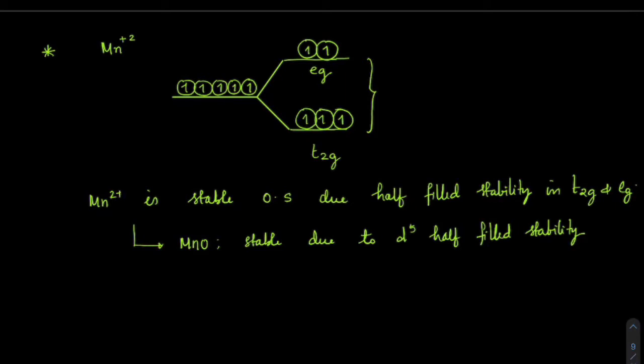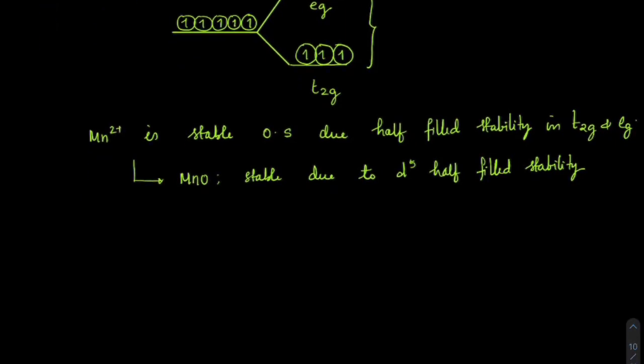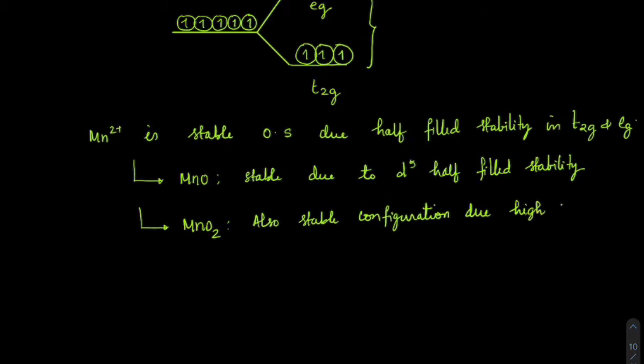Okay. Not just that, its more stable oxidation state will also come from +4. So MnO4 also has a stable configuration due to the high oxidation state on manganese, because as you reach towards +4 oxidation state, the nuclear charge increases.